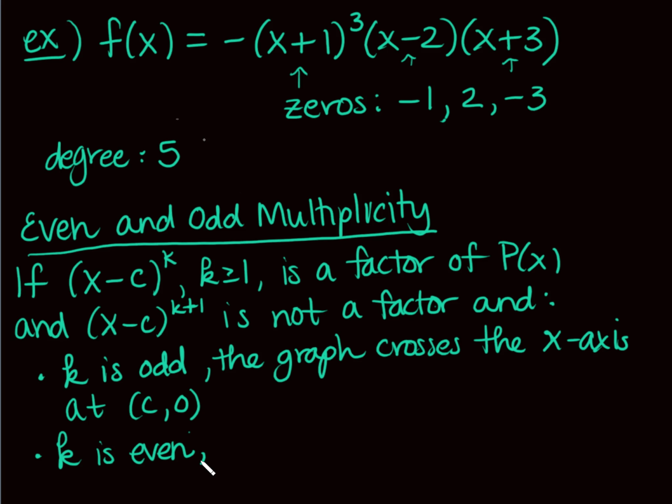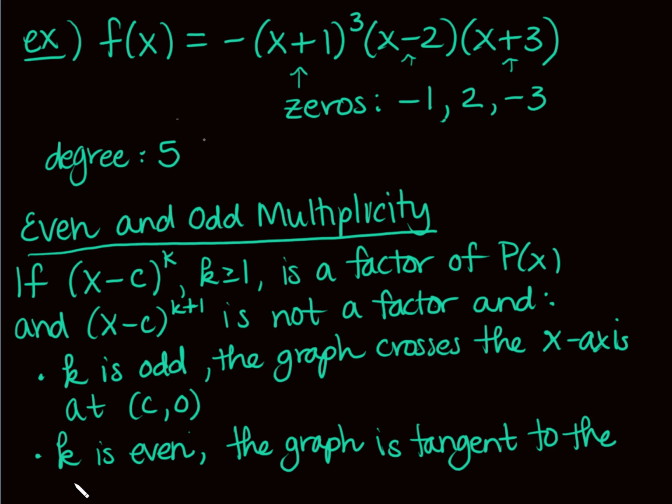So it's almost like an end behavior thing. If I have a 0 that is the result of a factor that has an even exponent, we say it has even multiplicity, and if k is even, then the graph comes down and kisses the x-axis. We say the graph is tangent to the x-axis at that 0. I'm going to show you a bunch of examples.